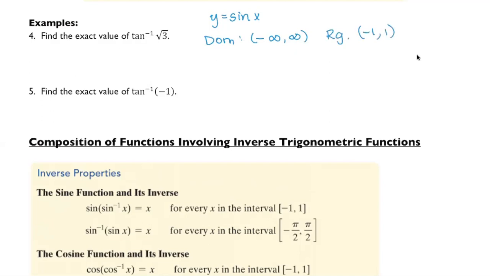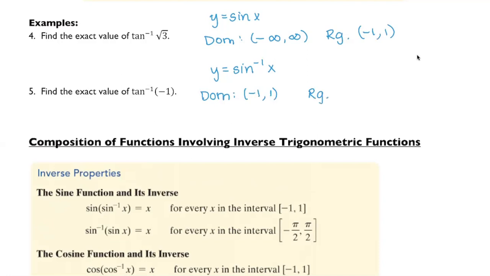So when we think about sine inverse, then we can flip this to where the domain becomes -1 to +1. But remember, the range is what we restricted.